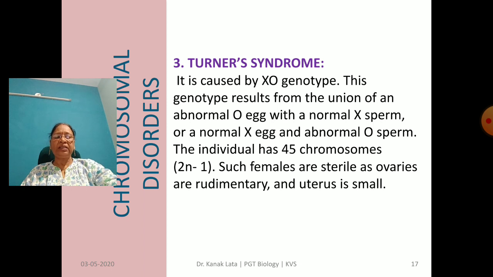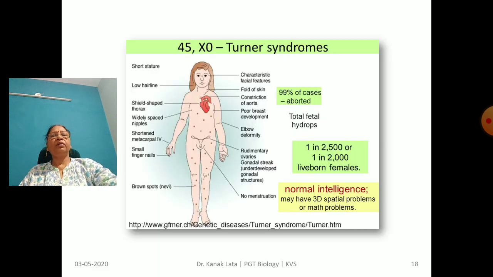So in both the cases the genotype will be XO. So the individual has 45 chromosomes, that is 46 minus 1. Overall they are female, but they are sterile. Why are they sterile? Because they have rudimentary ovary and a small uterus.